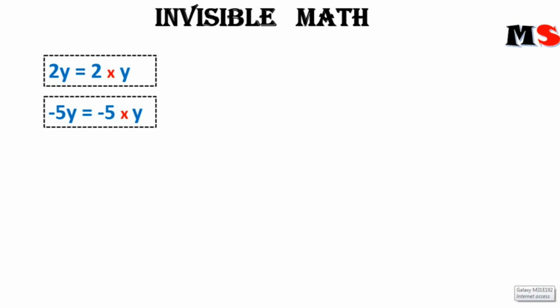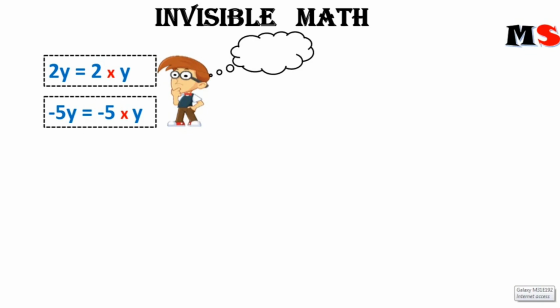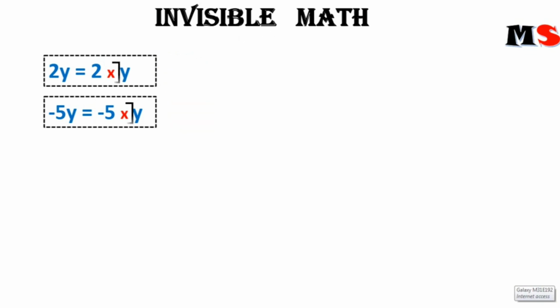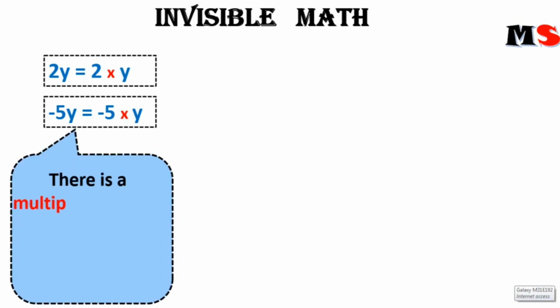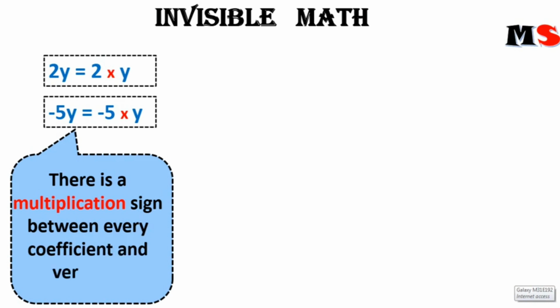Then think about the invisible term. Yes, the invisible term is the multiplication sign. So there is a multiplication sign between every coefficient and the variable.